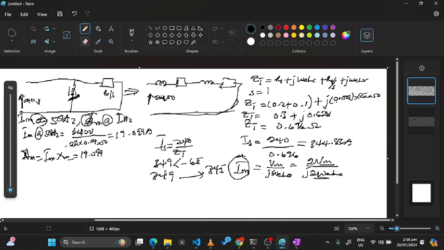I'm not sure we need that voltage. Is that okay? So then, what will this value give you? 2π times 0.04 times 50.